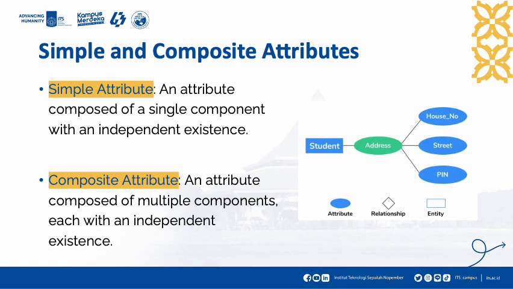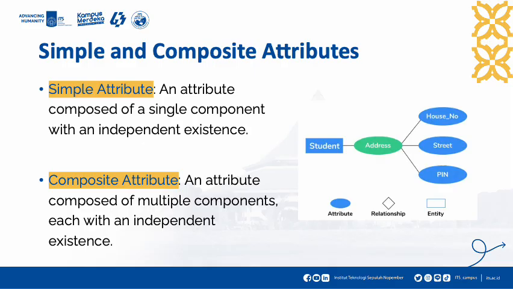It is an example of a simple attribute, or maybe name, but name could be a composite attribute. A composite attribute is an attribute composed of multiple components, each with an independent existence. For example, in the student entity, we have an attribute called address.